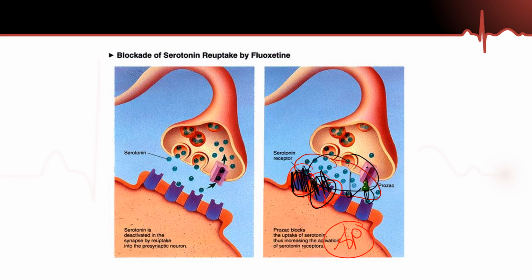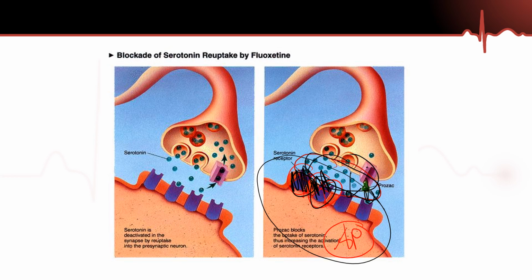Because remember the magnitude of effect? If you reduce the number of receptors that a cell has for a chemical messenger, it'll reduce the magnitude of effect. And this cell is viewing the magnitude of effect as being excessive because there's all of this serotonin hanging out in the interstitial fluid.